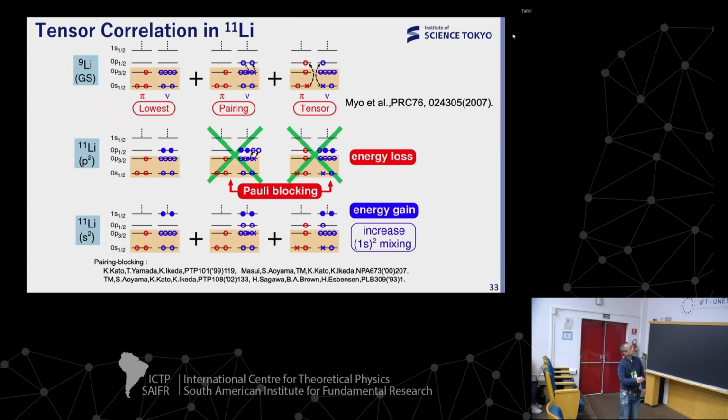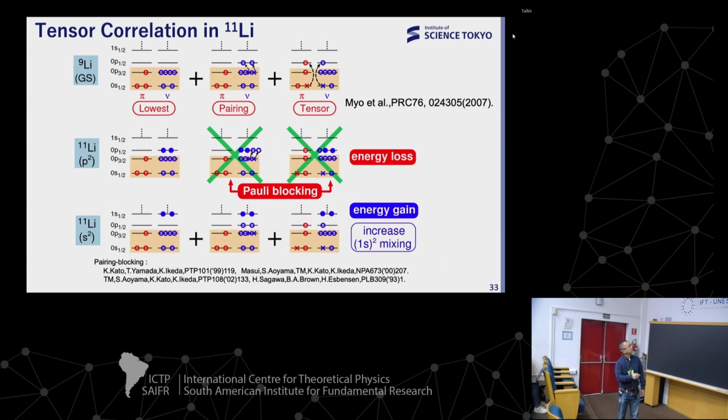If the lithium-11 is pure P squared, assuming this way, and you add two neutrons here, it's okay. But if you want to add two neutrons here for this pairing correlation, you cannot because of Pauli blocking, and also you cannot do it for the tensor correlated configuration, right?